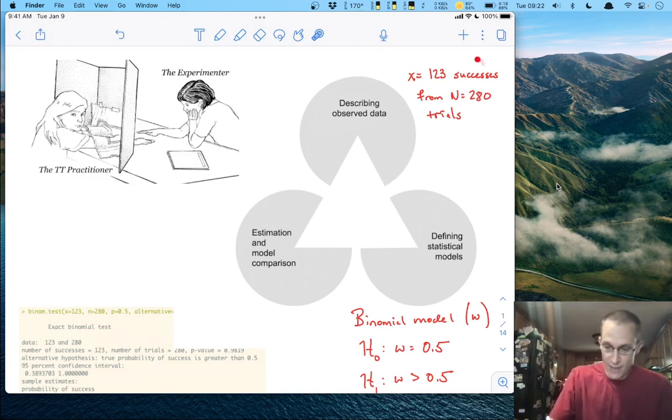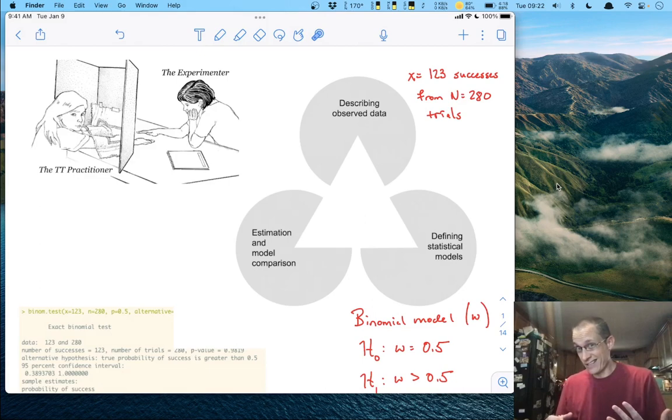Of course we just did that: 123 successes out of 280 trials. And then to make sense of that data and answer a scientific question, namely, are these therapeutic touch practitioners simply guessing, or is there really a better than chance ability that they have? To do that, we have to define some statistical models and then do some estimation and model comparison to see which model best supports the data.